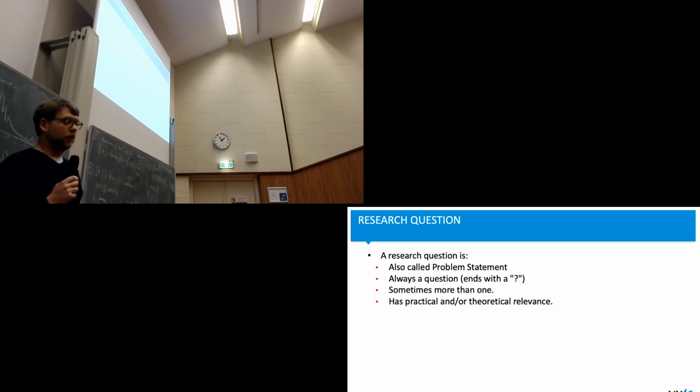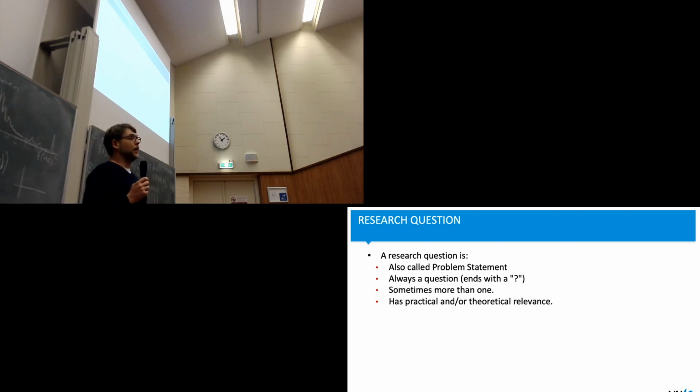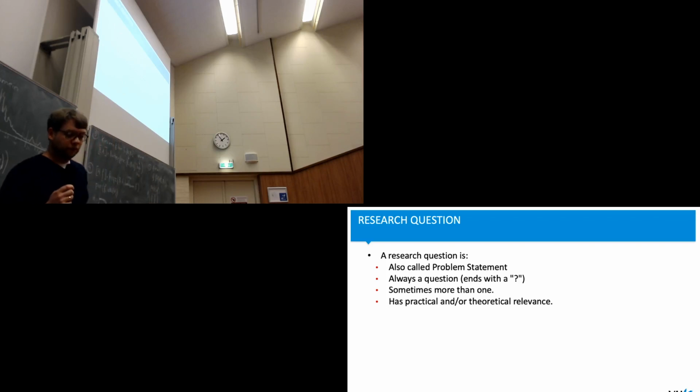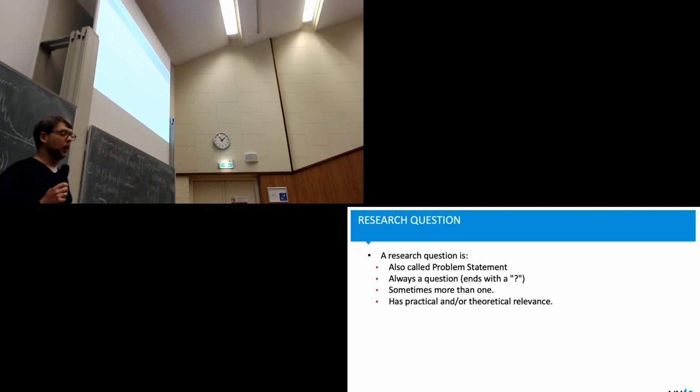Do they type the URL directly? And because it's called a research question, normally it ends with a question mark because it's a question. And sometimes, or I would say more often, we do not have only one question, we might have multiple questions, and they should have a relevance either for theory or practice.